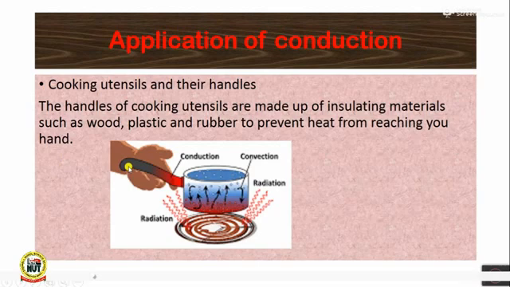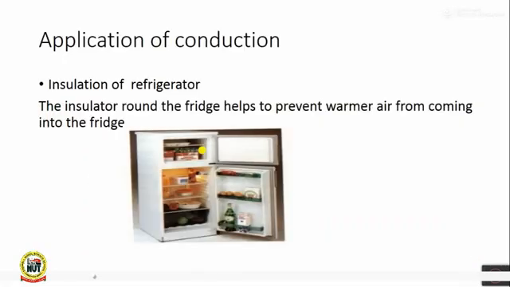These handles are insulated handles. The handles may be made of wood, plastic, or rubber, and this is to prevent the heat from reaching your hand. Since these materials are insulators, they will not allow the heat to reach your hand. Poor conductors of heat, remember?